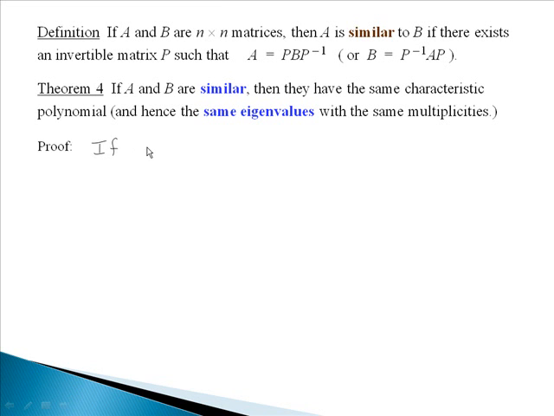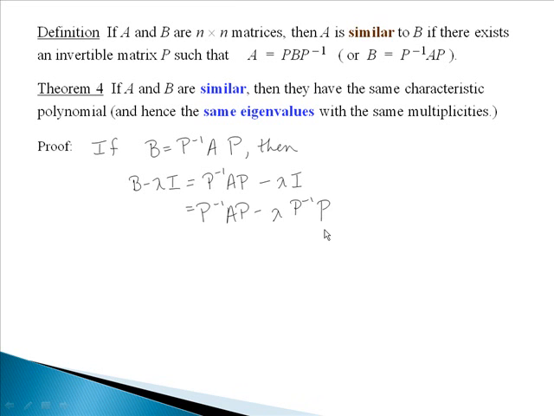So we're going to look at a proof. If B is equal to P inverse A times P, and that's assuming that A and B are similar, then if I subtract lambda I from B, that is equal to P inverse A P minus lambda I. But we're going to replace lambda I with simply lambda times P inverse P, since this is equivalent to the identity.